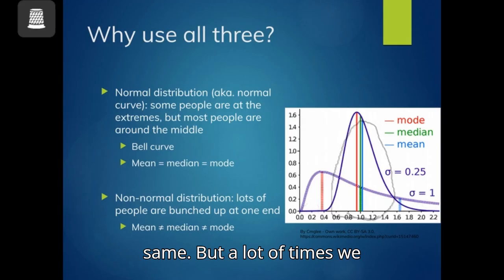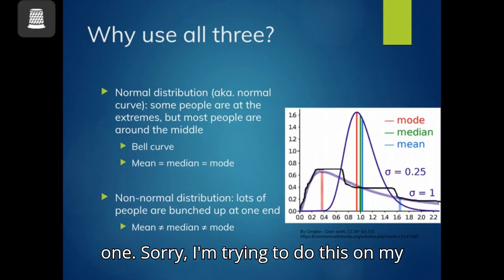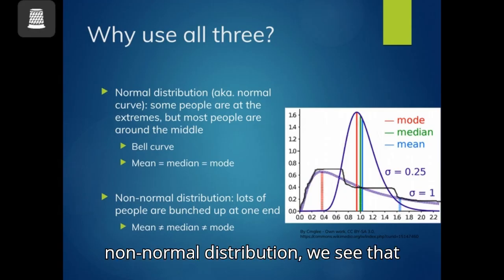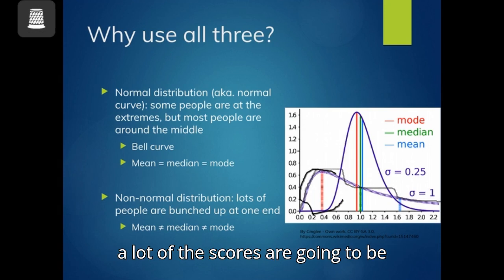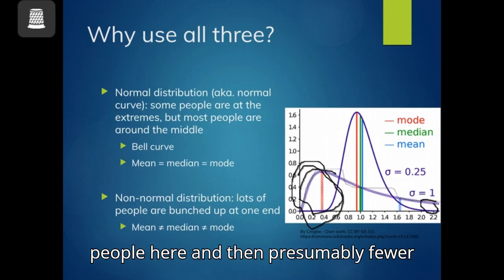But a lot of times we have what are called non-normal distributions. This is the example that we see here. Sorry, I'm trying to do this on my laptop and it's weird. So in a non-normal distribution, we see that a lot of the scores are going to be clumped at one end. So we have a lot of people here and then presumably fewer people here.